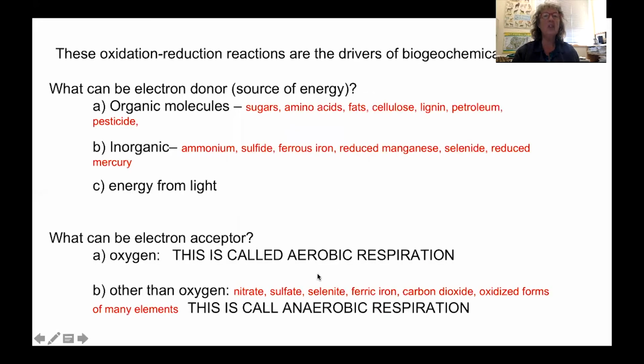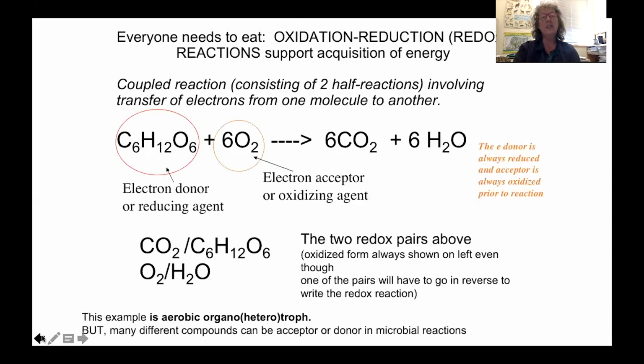So let's just end with this graph, this overview, getting across the point that these oxidation reduction reactions are the drivers of biogeochemical cycles. So all these different kinds of reactions that we showed in this slide, here's a donor and here's an acceptor.